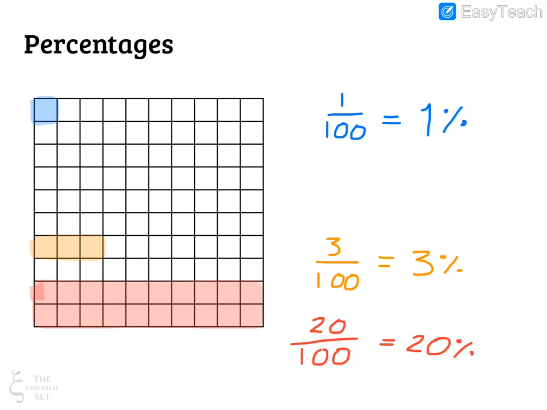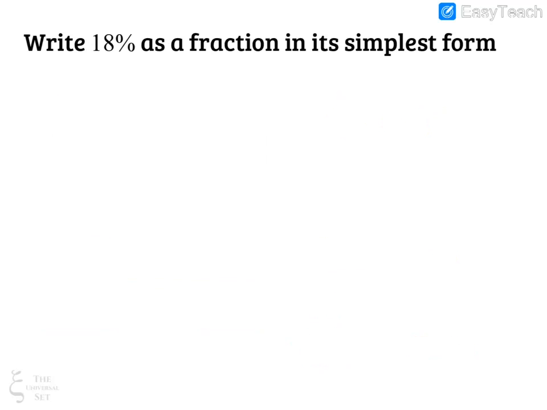Let's have a look at some other examples where we don't have this helpful grid to help us out. This question is asking us to write 18% as a fraction in its simplest form. Now we've already seen that percent just means out of 100. So 18% is going to be 18 out of 100.